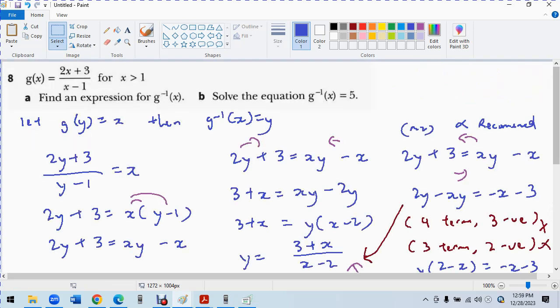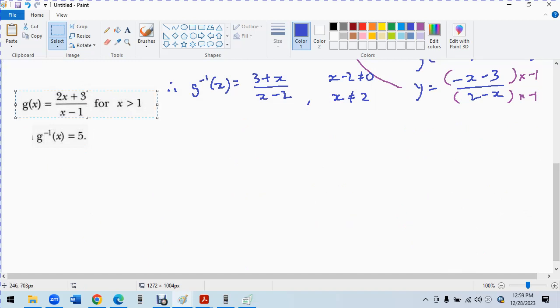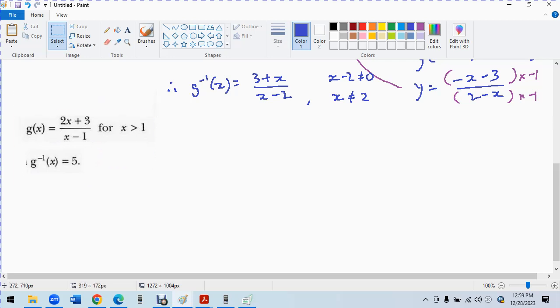If I come out with the question, I will ask the student to find g inverse 5. Then they substitute the 5 into the g inverse that they get. Then it's better. But over here, it will become x equal to g(5).